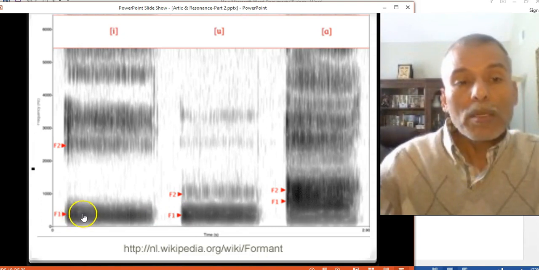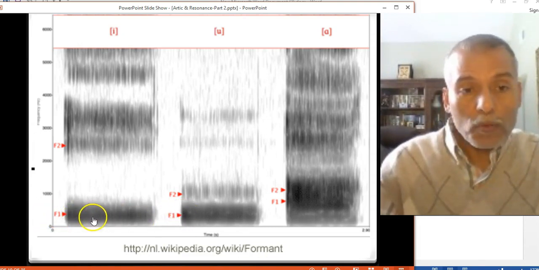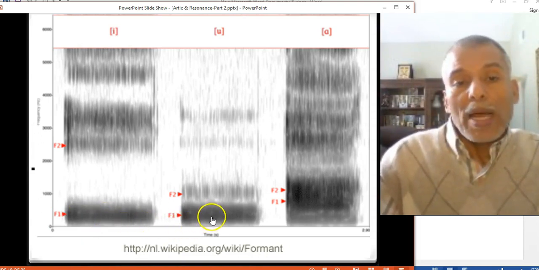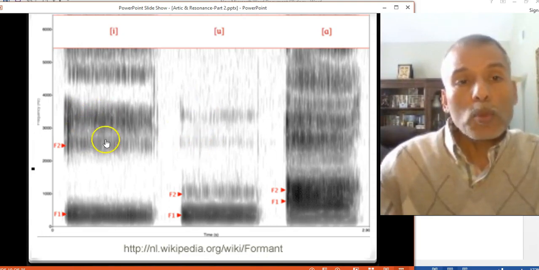It is a little bit lower than F1 for E. And then immediately after you have F2 showing up here. And then you have the F3, but the most important ones are F1, 2, and 3.